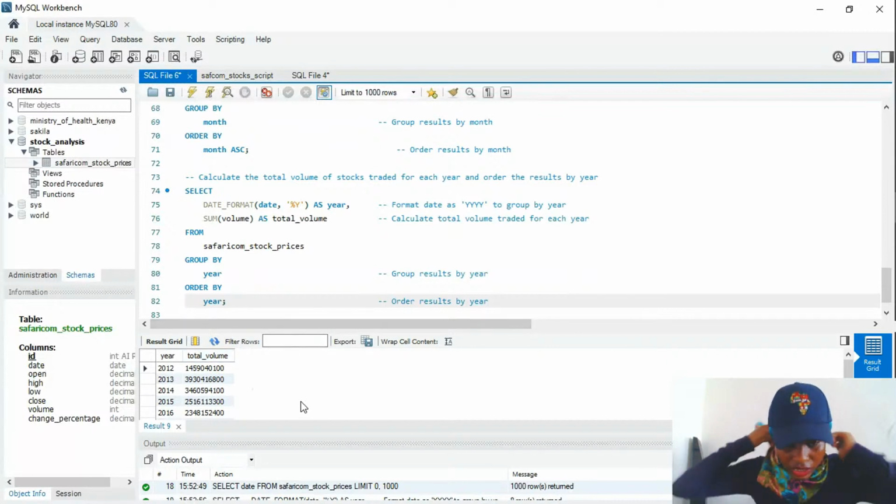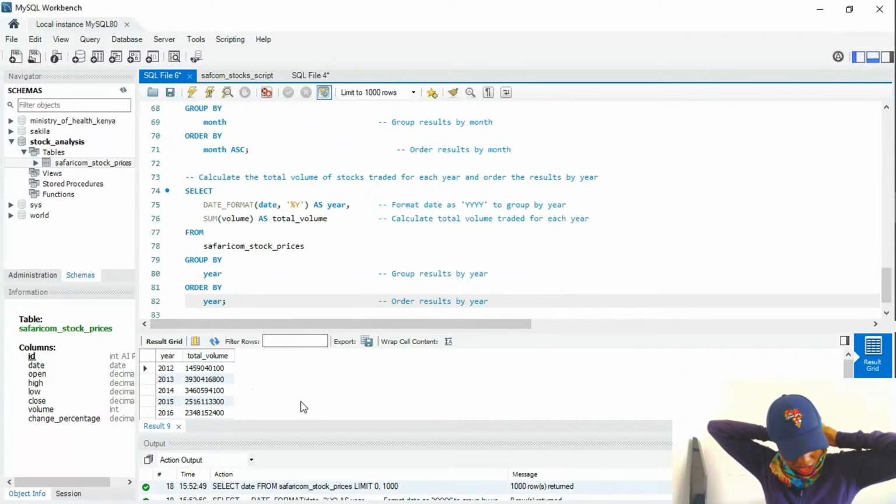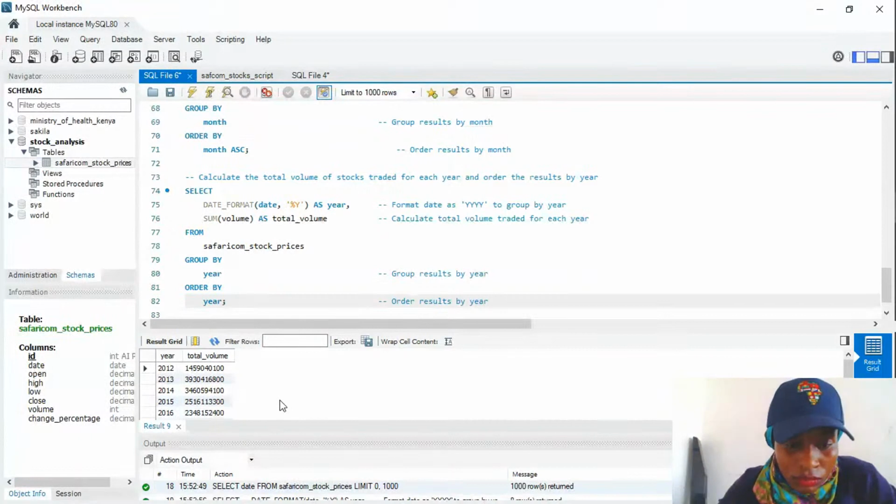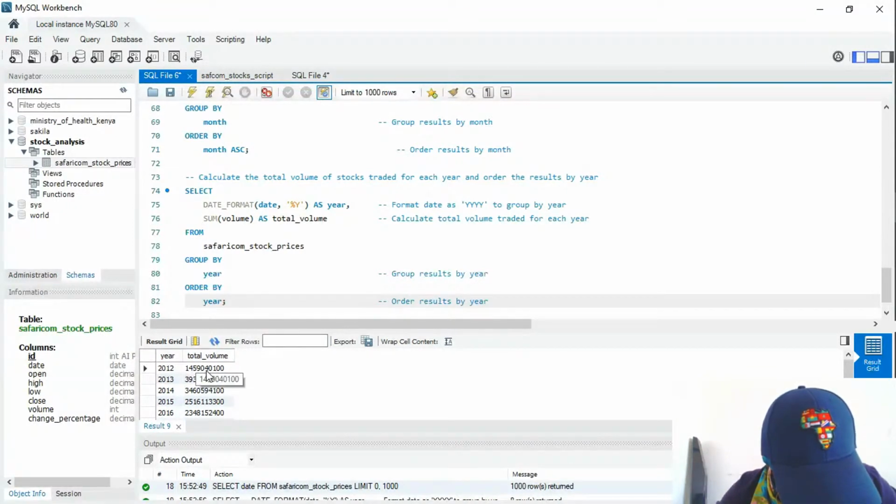And this will make so much sense again if you are visualizing. To visualize, I would have loved to use Python and some of the libraries there, but we are not handling that in this class, so we'll just pass. But we can just look at these trends. You can see in 2012 they had 14 billion.